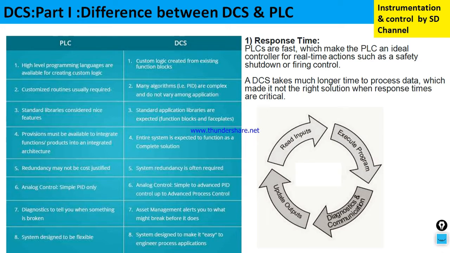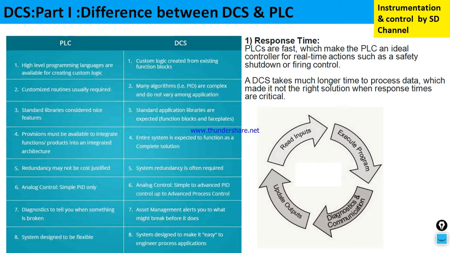What are the basic differences between the PLC and DCS? If you look into the function, DCS and PLC have the same working principle. But there are some basic differences between them. In PLC also we can find a microcontroller, just like DCS, and in PLC there are two parts.